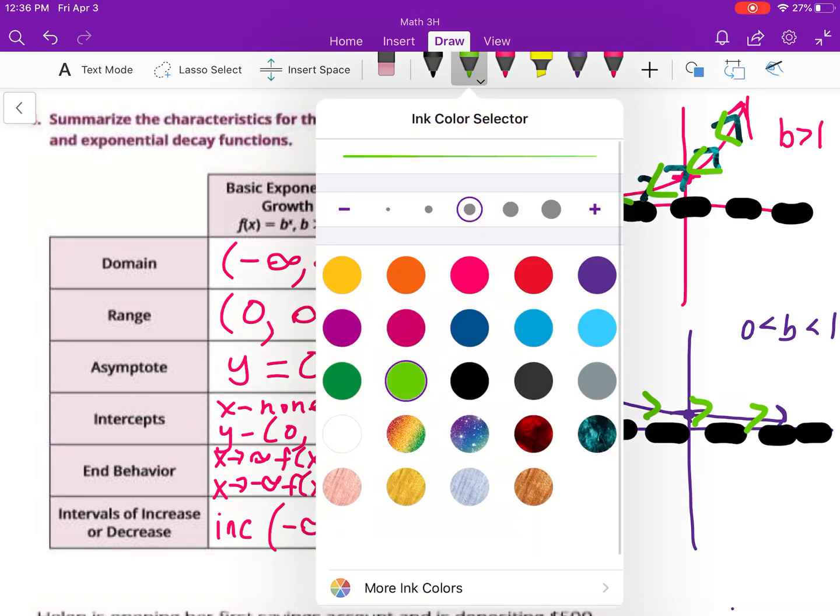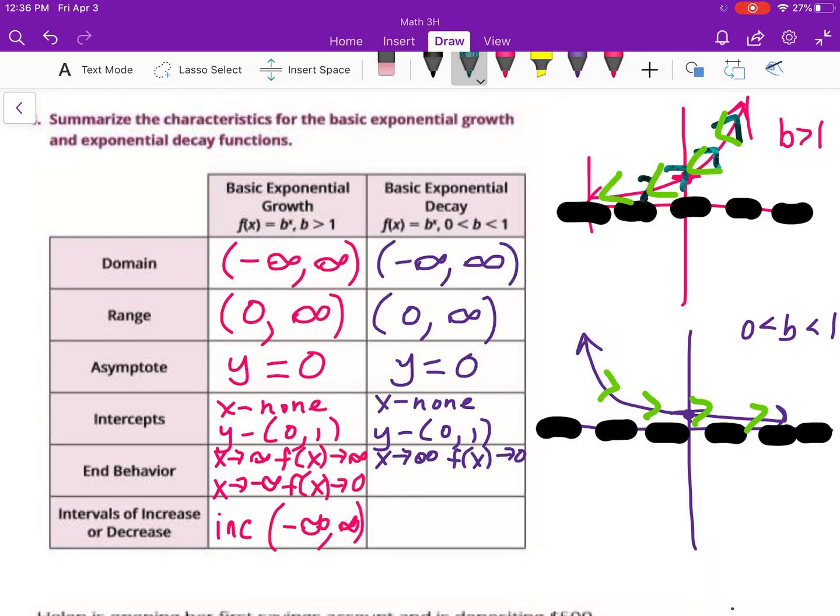Then you flip this around. Reading it that way, as x approaches negative infinity, f of x is going up to infinity. This graph is obviously a decreasing function, so we're decreasing across negative infinity to infinity.